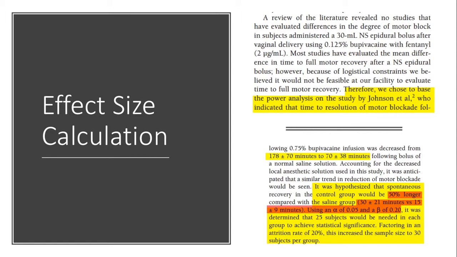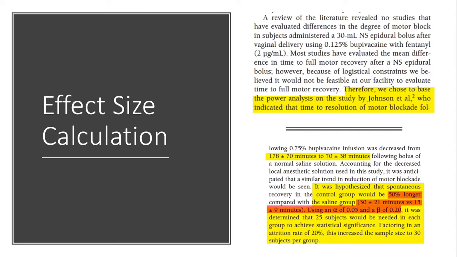So how did we go about calculating the effect size? Or I should say, how did my students come up with this with our mentorship? You can go into the methods section and discussion of the sample size calculations. What we said was that there were really no studies that had ever done this before.